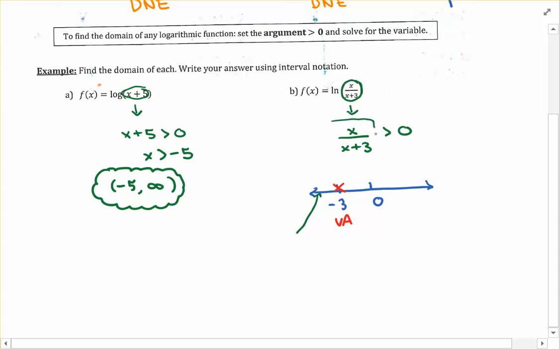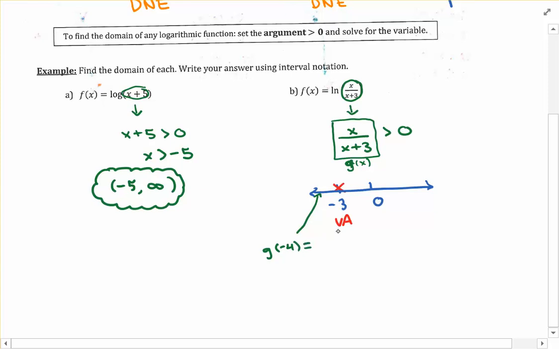What we're going to do is consider the rational expression here as our f of x, or if you want to use g of x, since we're already using f of x for the log function, that's fine.